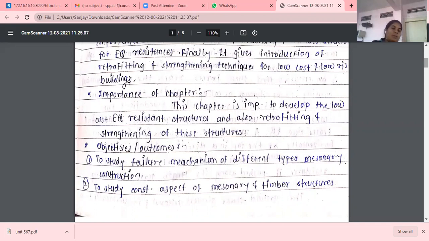This chapter is important to develop low-cost earthquake resistant structures, and also for retrofitting and strengthening of these structures.